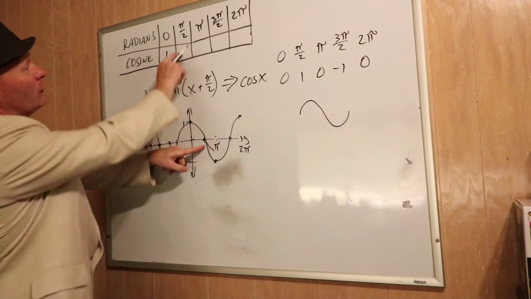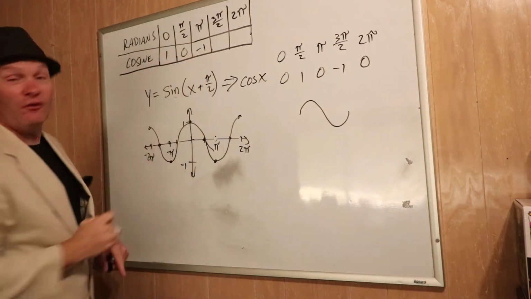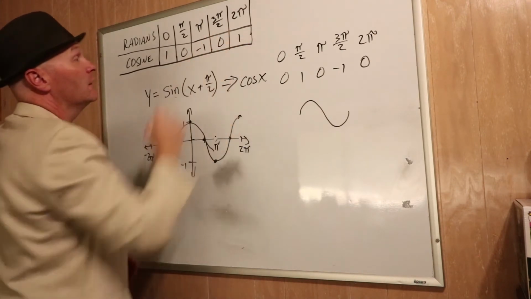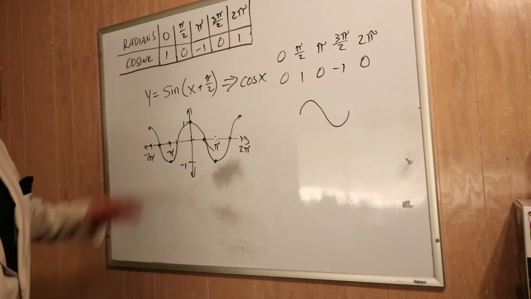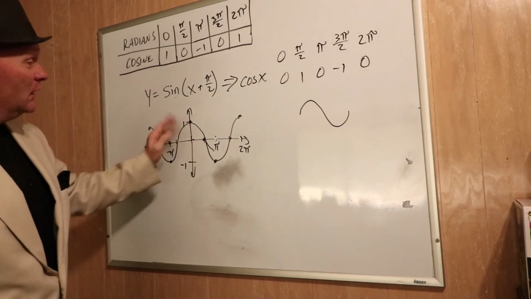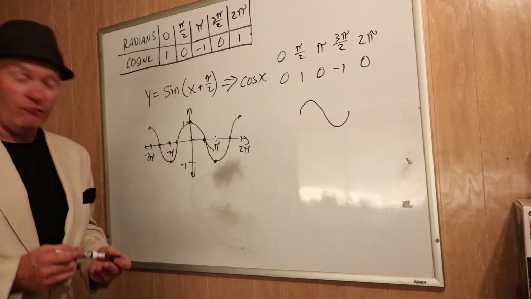If it's pi over 2, it's 0. Pi is negative 1. 3 pi over 2 is 0. And 2 pi is back where it started at 1. Okay? So the cosine graph is almost the same as sine, it just starts at 1 instead of 0. They're very similar.